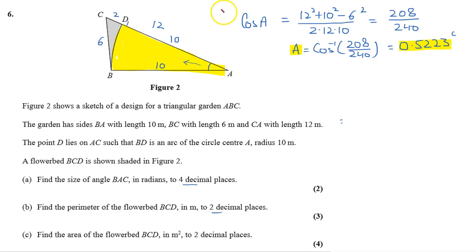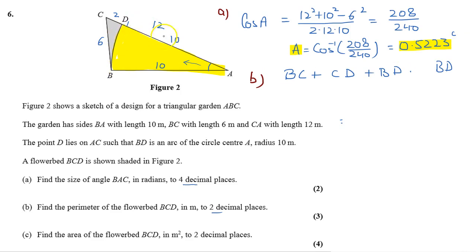This is part A. Now part B is, find the perimeter of this flower bed. So the perimeter of this flower bed will be BC plus CD plus BD.